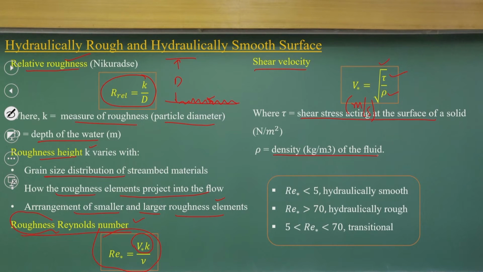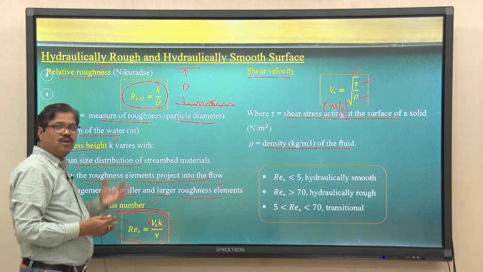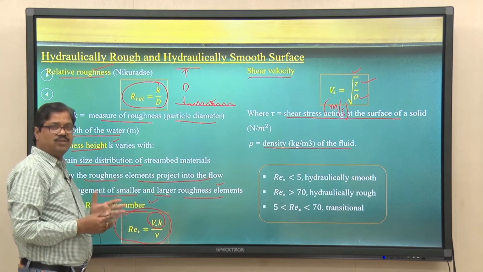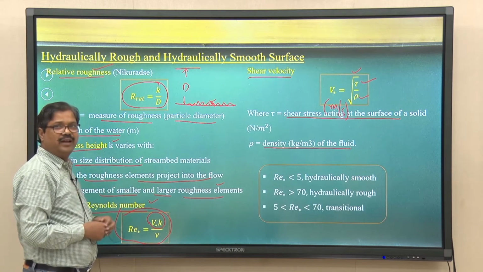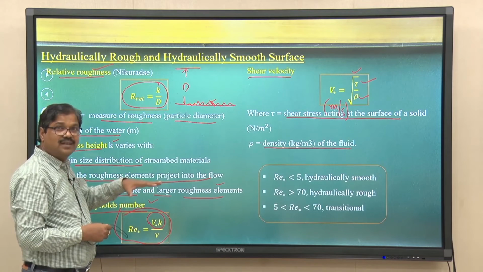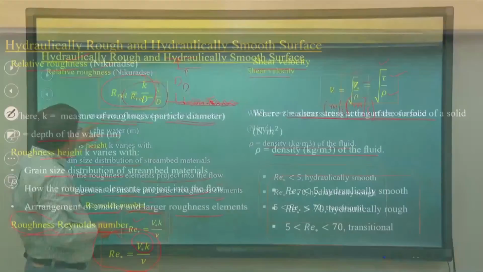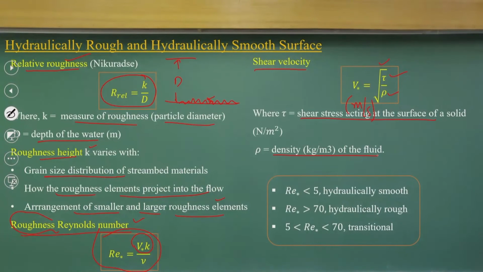As we know from pipe flow, we separate laminar flow and turbulent flow based on Reynolds number thresholds. In exactly the same way in channel flow, where we have bed roughness, we can compute the roughness height in terms of particle diameters, the shear velocity, and the kinematic viscosity of the fluid.